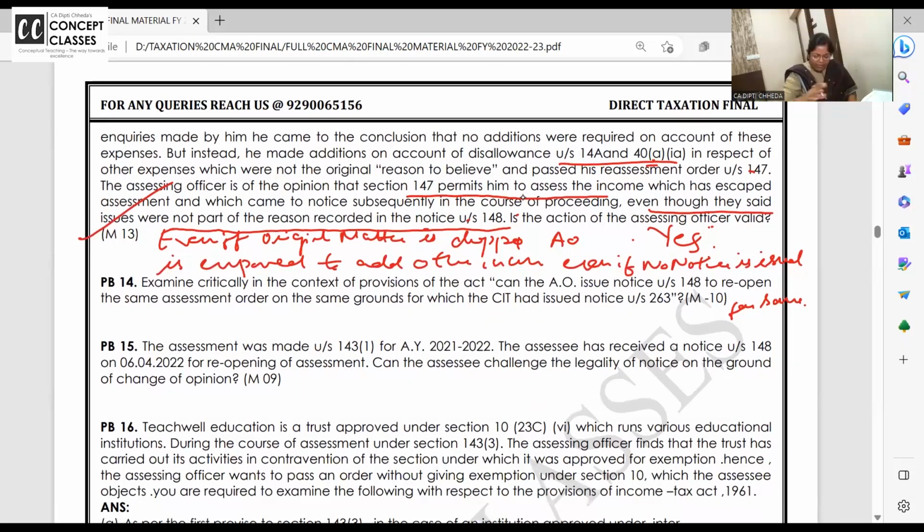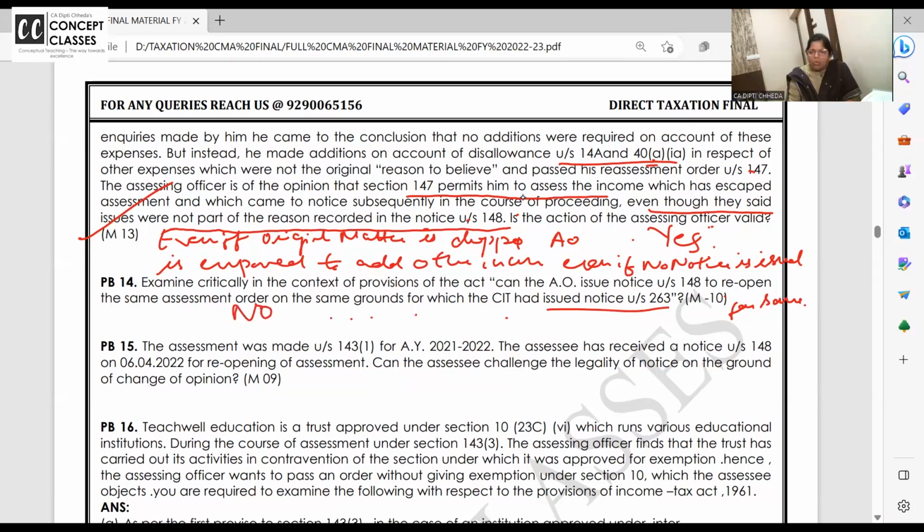Next question. Only a few questions' answers are not there. I'm making you write. I hope even if my writing is not clear, you are listening and writing. Examine critically in the context of the Act: can the AO issue notice under 148 to reopen the same assessment on the ground for which the CIT has issued notice?